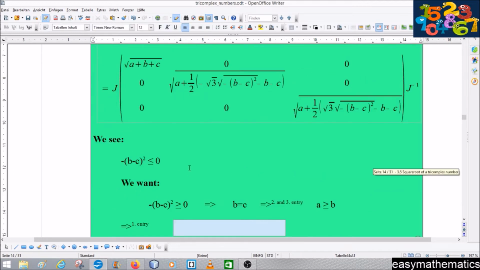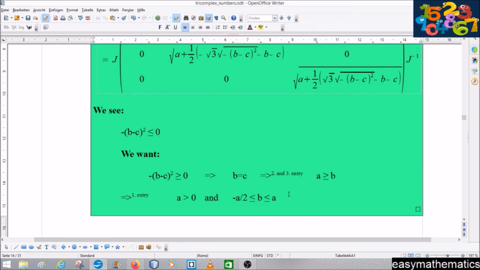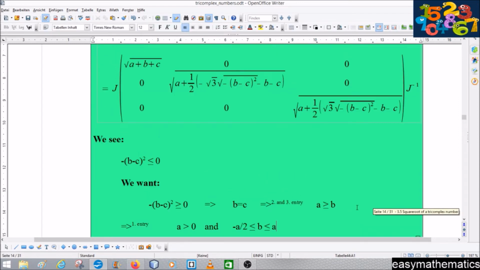And with the first entry, we see that a is greater than 0 and b is bounded by negative a over 2 and a. Alright, so this is the condition to avoid the complex numbers.